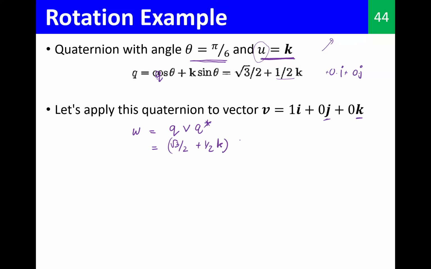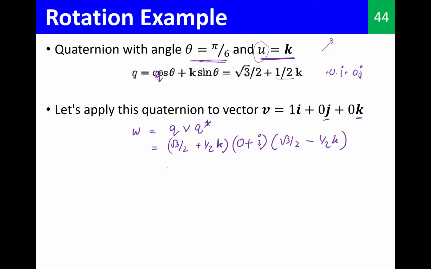V is just 0 plus I, because V needs to be a pure quaternion. It is minus half K. I'm not using any quaternion product rules or formulas because that's not needed here, because here it's a very simple vector we are dealing with, right?